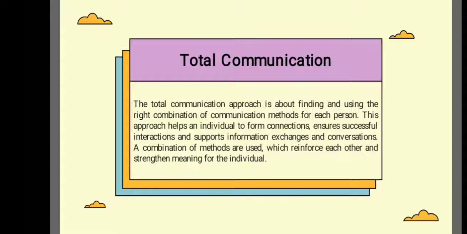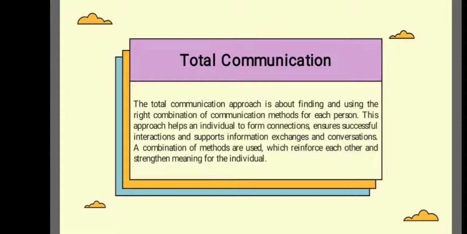The total communication approach is about finding and using the right combination of communication methods for each person. This approach helps an individual to form connection, ensure successful interaction, and support information exchange and conversation.